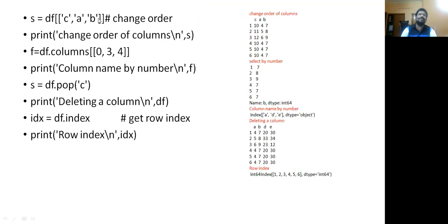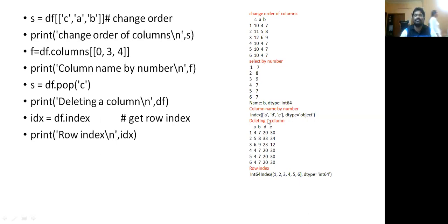We can put the list C, A, B. Then automatically the C column is displayed first, next the A column, and then the B column. If you want to select columns by numbers, use df.columns with 0, 3, and 4, and those columns will be displayed like this.